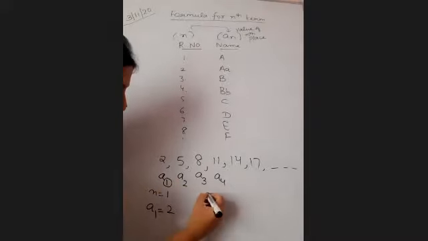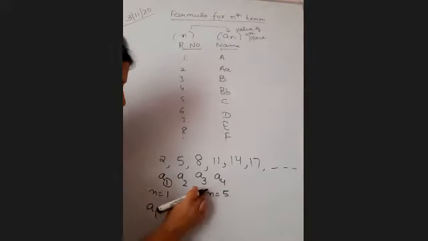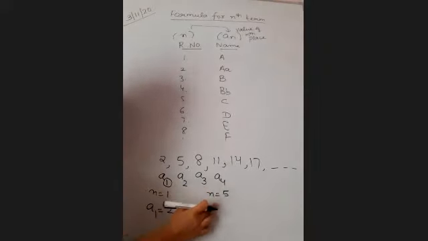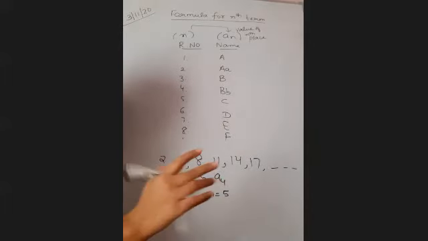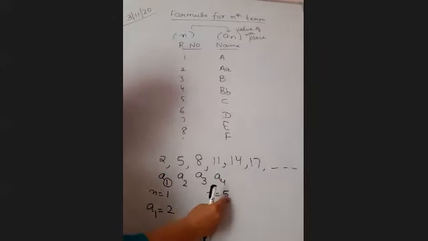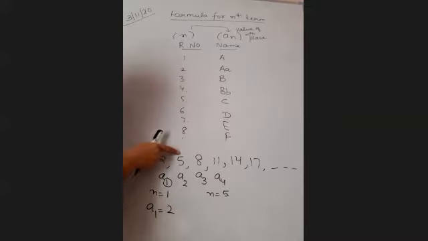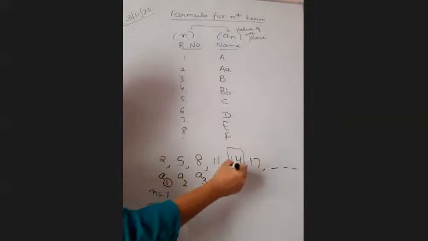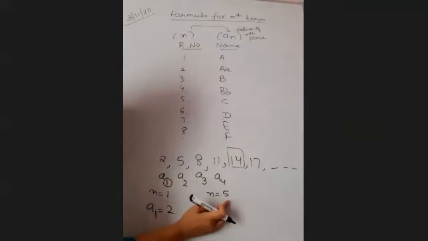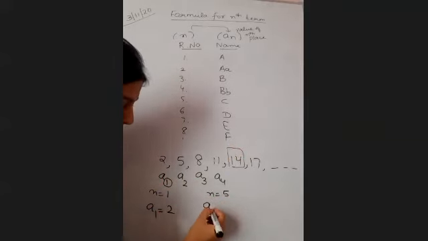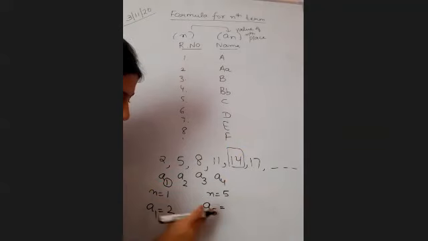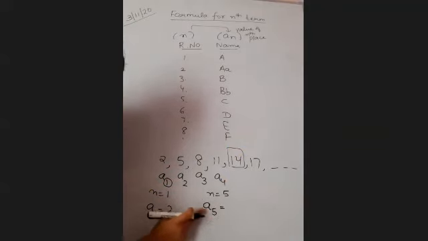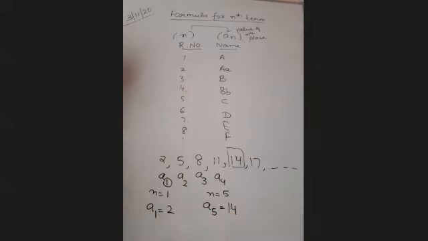Now, for example, if I take n equal to 5, I am talking of the term which is at fifth place. So 1, 2, 3, 4, 5. But I cannot say 14 is n. n is 5, right, beta? But what is the value at fifth place? 14. So are you clear?